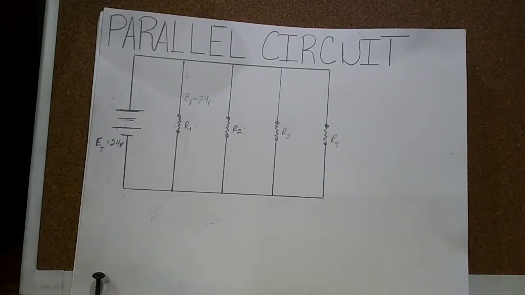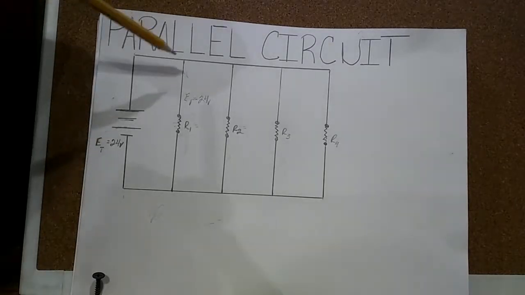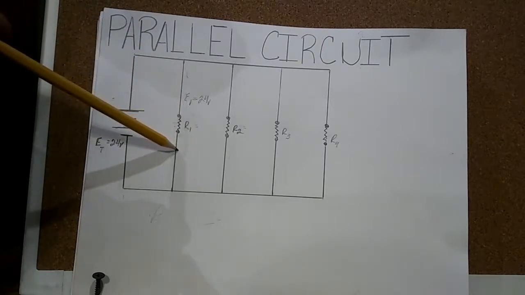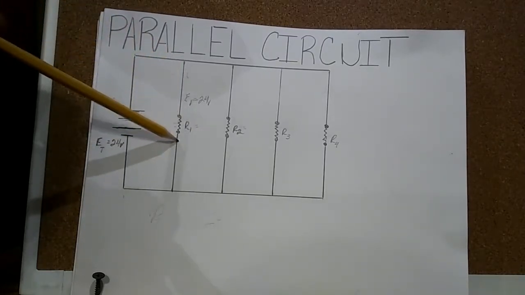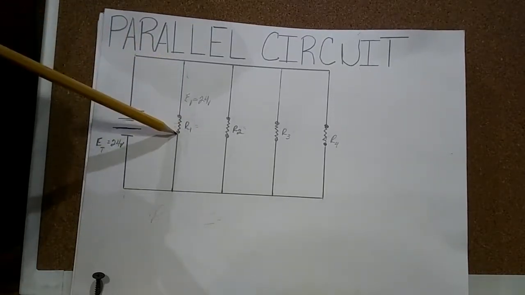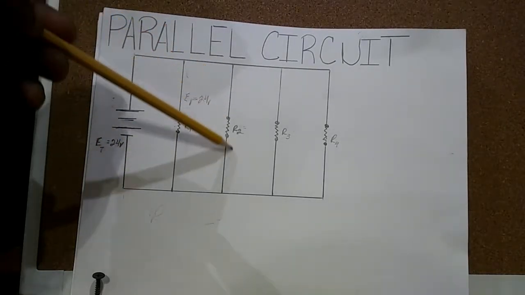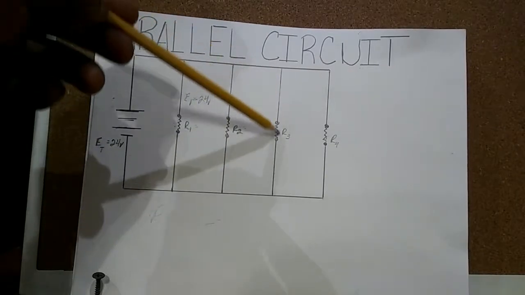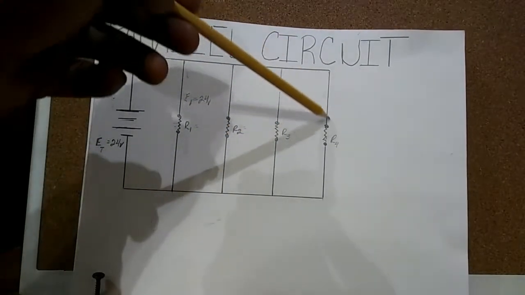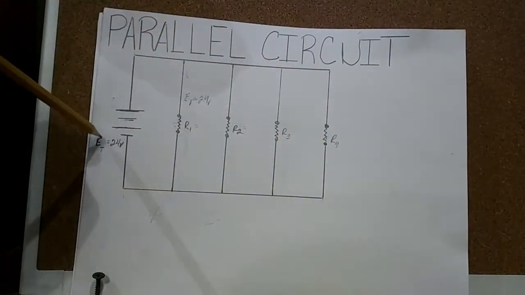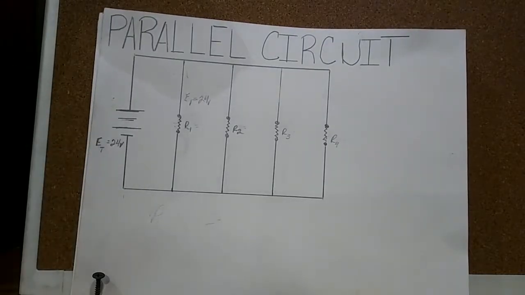Number two, the voltage is the same throughout the circuit. So the voltage is the same throughout a parallel circuit. So if we have 24 volts traveling through this path, this resistor 1, you will also have 24 volts passing through resistor 2, 24 volts passing through resistor 3, 24 volts passing through resistor 4, and 24 volts at the power source.